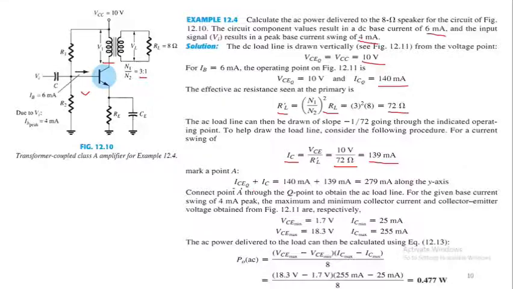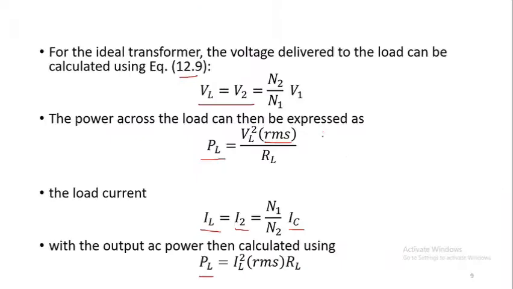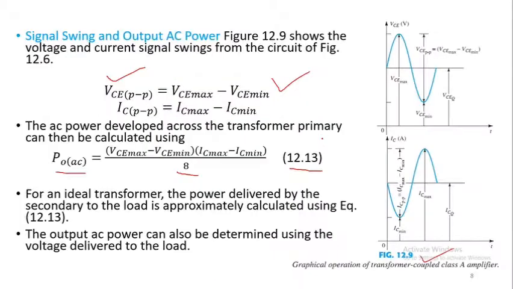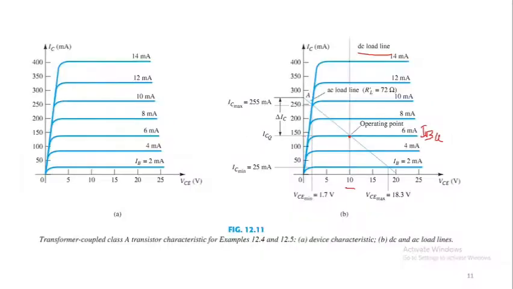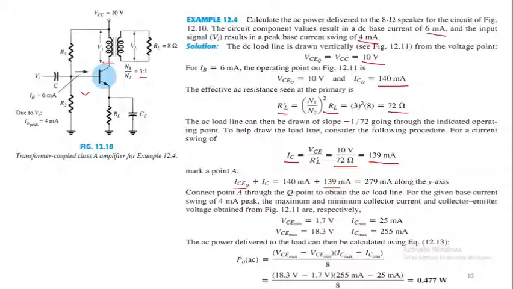उसकी प्लस 140 होगा, क्योंकि ICQ plus 139, that will be on this point on IC axis. So we have calculated IC, which is VCE by RL prime. This is imaginary point. This is equal to 139.